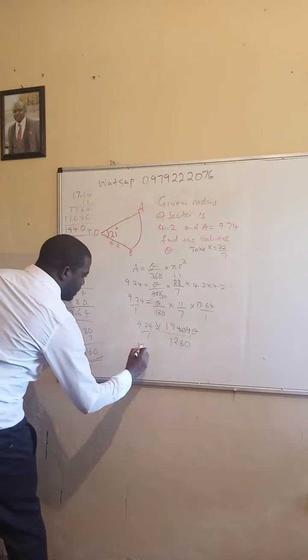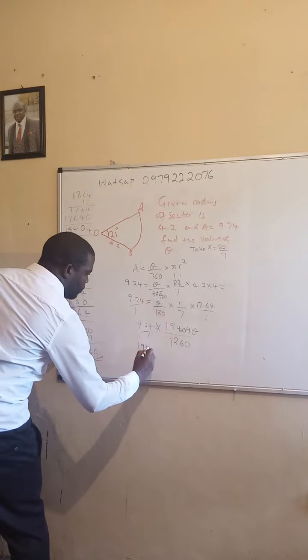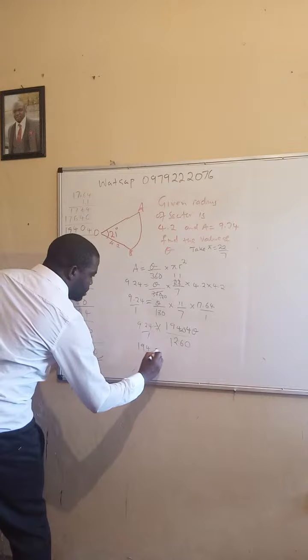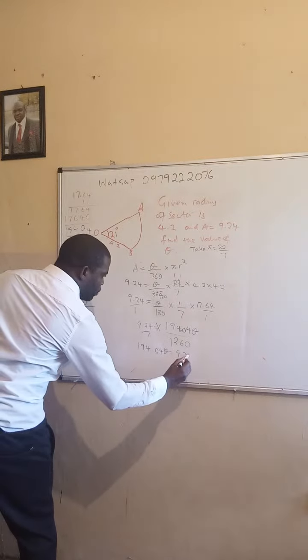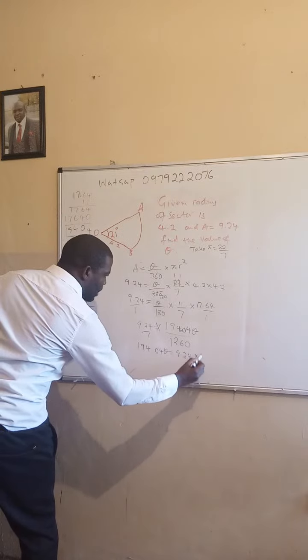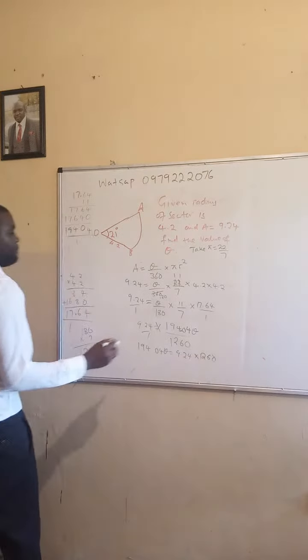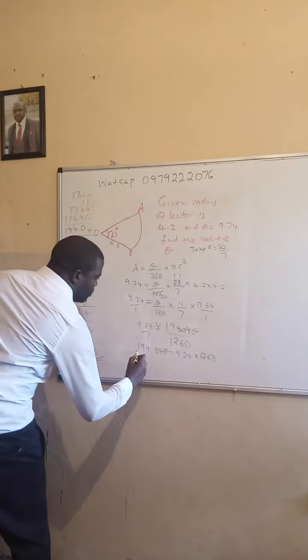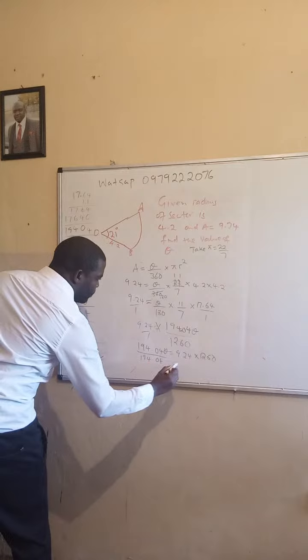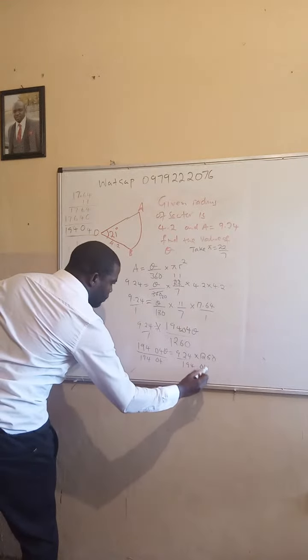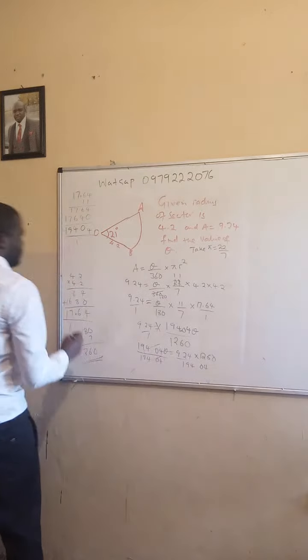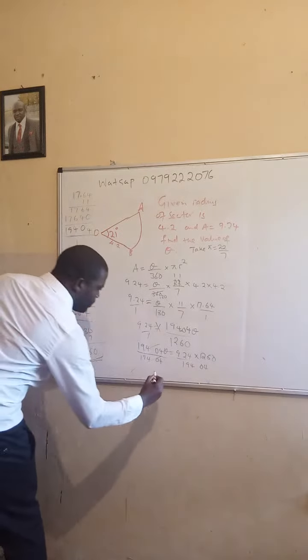So it will be 94.04 theta is equal to 9.24 times 126. Okay? Then here you divide by 9.404, even this side 94.04.